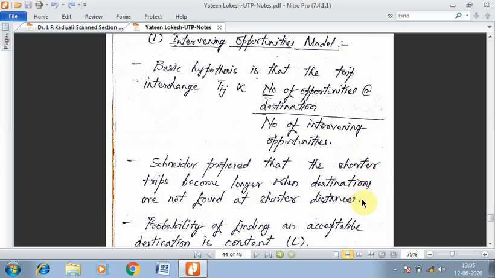So the connectivity plays an important role here. Depending upon the way in which the zones are connected, the shorter trips might also become longer when those destinations are not found easily around you.